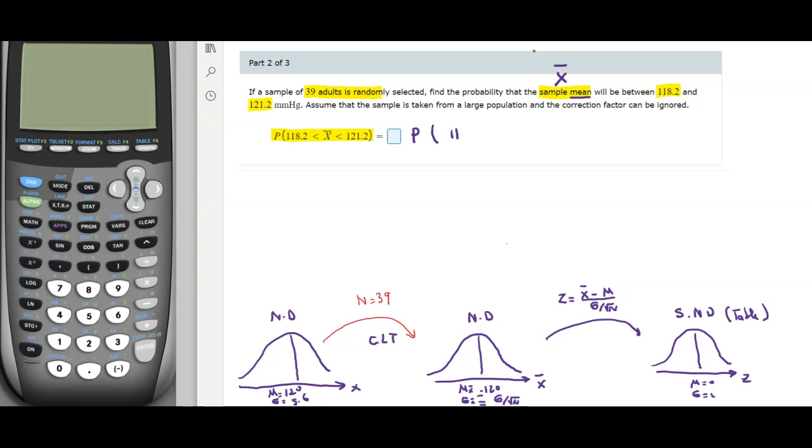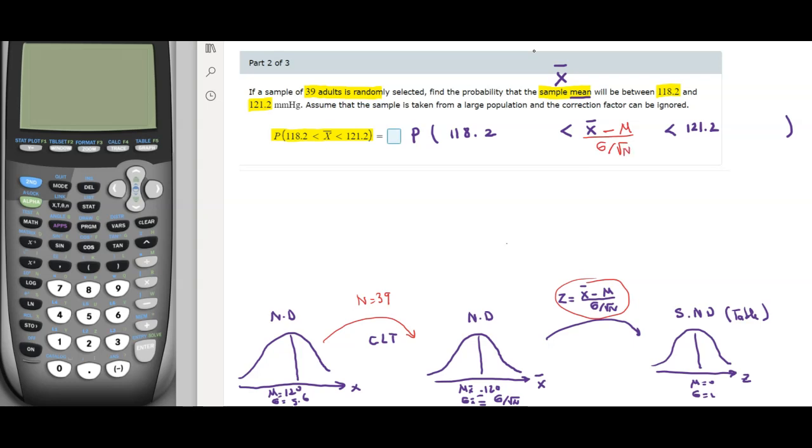So we're going to use probability here. You're going to write the numbers as they are, leave a space, x bar, and here 121.2, and leave a space. We're going to apply this formula: take away the mean, divided by sigma over radical n.